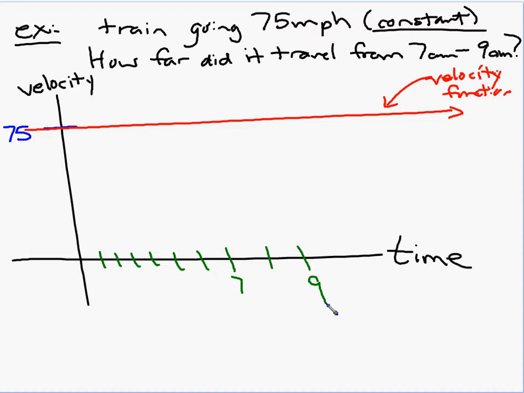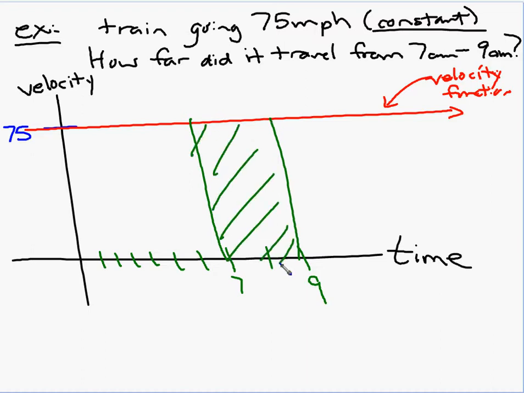But look, if I make this a rectangle, and I look for the area between that constant function and the x-axis, or the time axis, the length is 75. What's the width? 2. What's 2 times 75? 150.